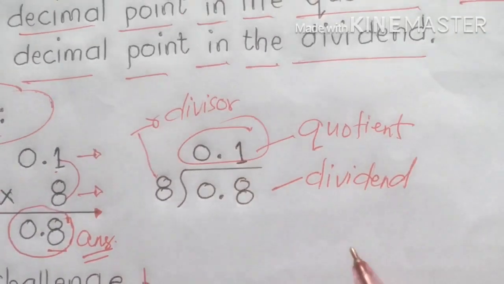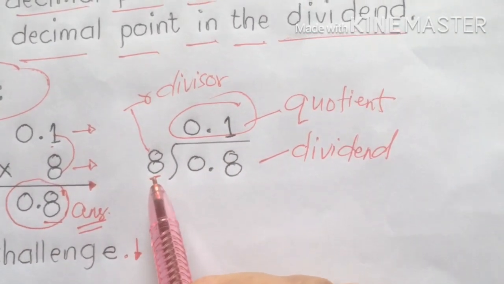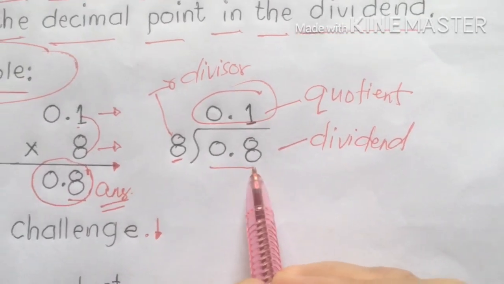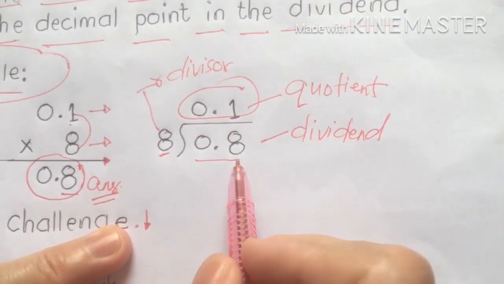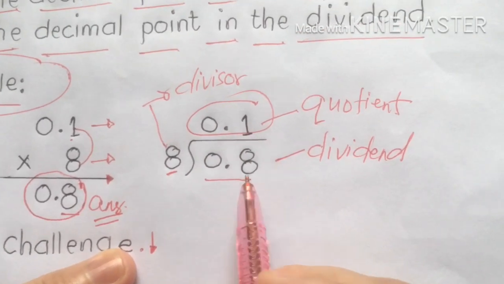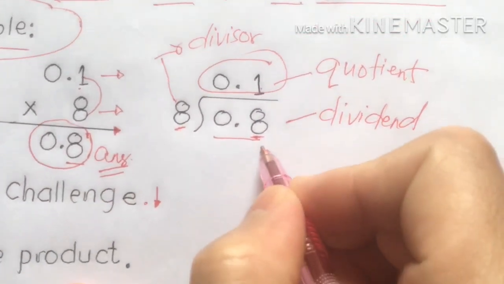To get 0.1, class, you are going to divide 8 into the dividend. 0 divided by 8 is 0. So let's bring down, move to the second digit. 8 divided by 8 is 1. 1 times 8 is 8.